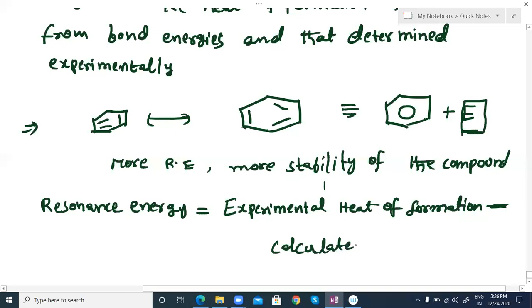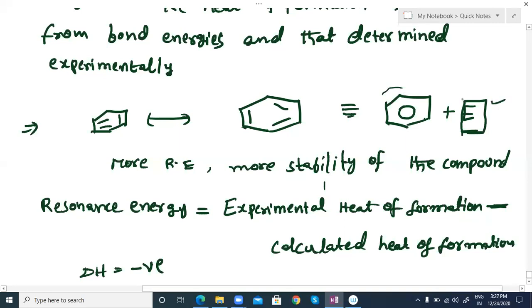Resonance energy delta H should always be negative. So the calculated value is more than the experimental value. The experimental value is the actual energy, but some energy is lost, which is why the experimental value is always less. Resonance energy is negative delta H.